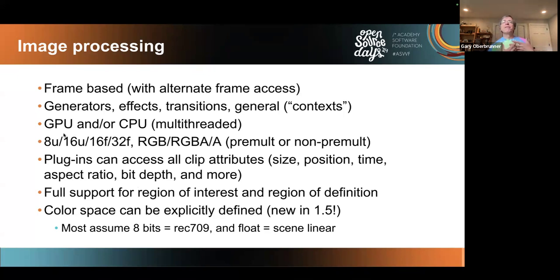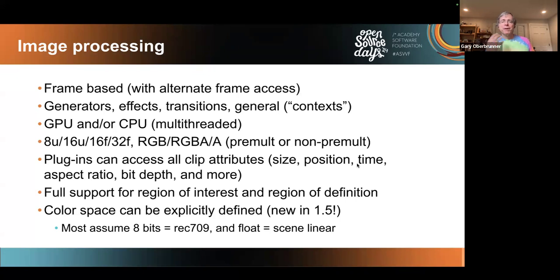There's a negotiation phase that happens between the host and the plugin, so they can decide which image formats to exchange. And when we talk about the new color support in 1.5, there's a similar negotiation process that happens there. The plugins can get all the clip attributes that they need to process.